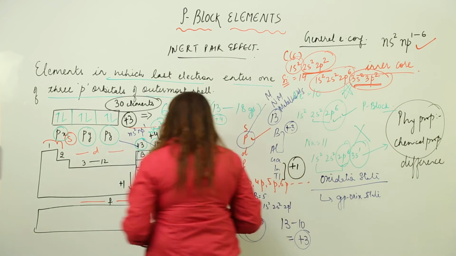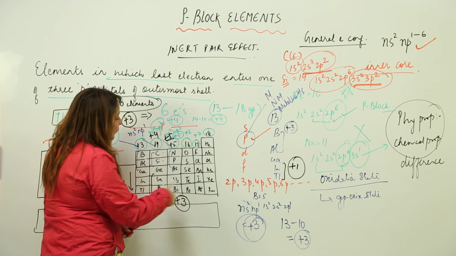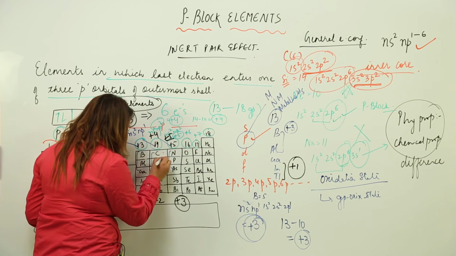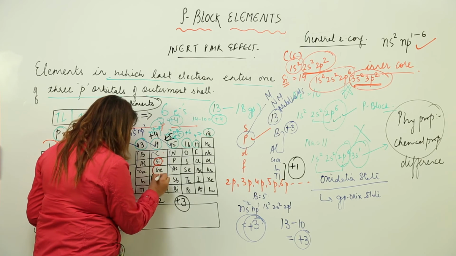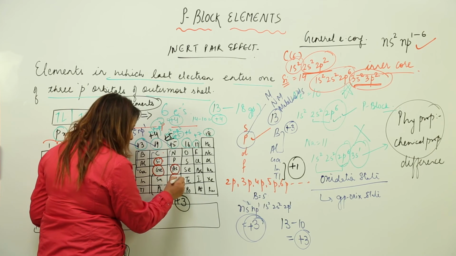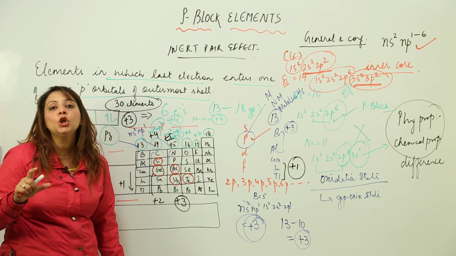So if we look at the P block, out of these elements the typical metalloids are silicon, germanium, arsenic, antimony, and tellurium.